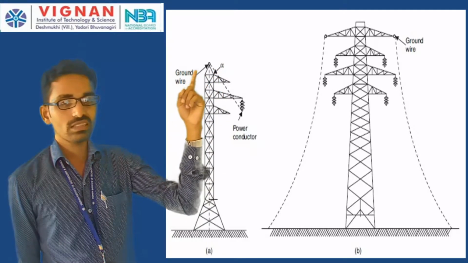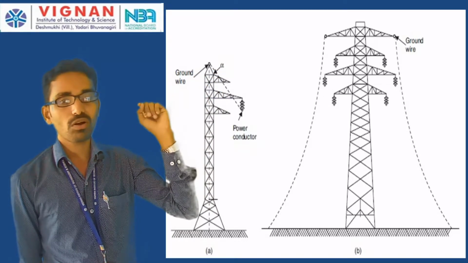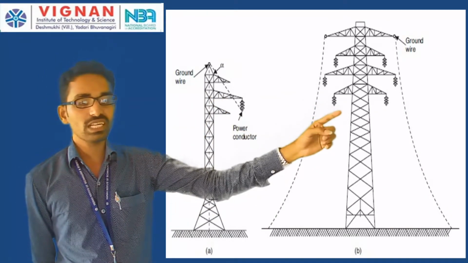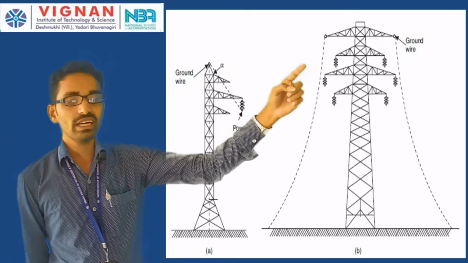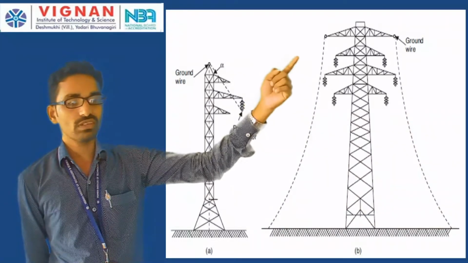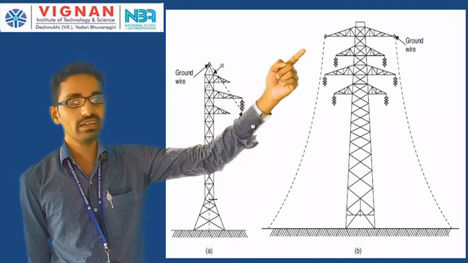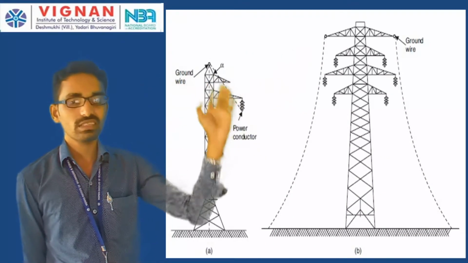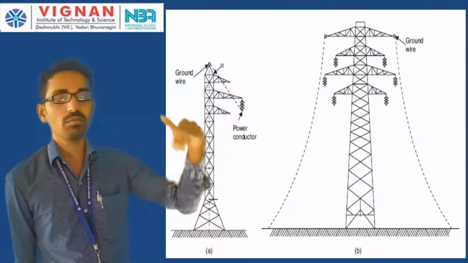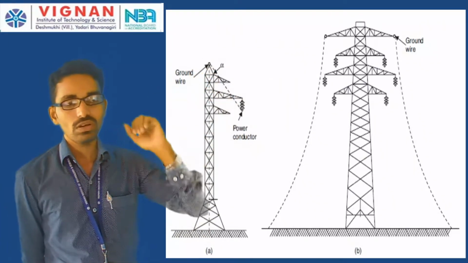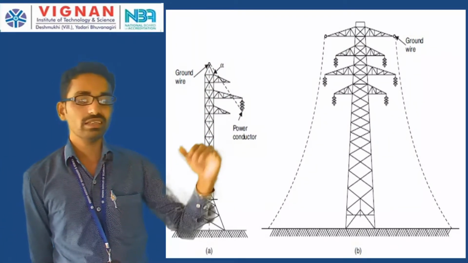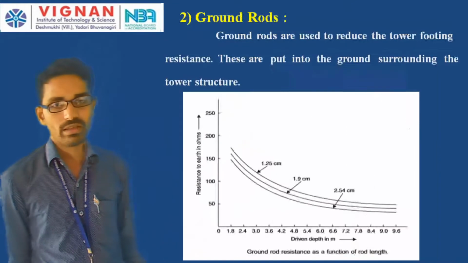In the same way for the double circuit line, these 3 conductors are power conductors, and the topmost one is the ground wire for the first circuit. For the second circuit, the same thing on the other side, the topmost wire in the second circuit is also a ground wire. So that is the double circuit line, and here it is the single circuit line.